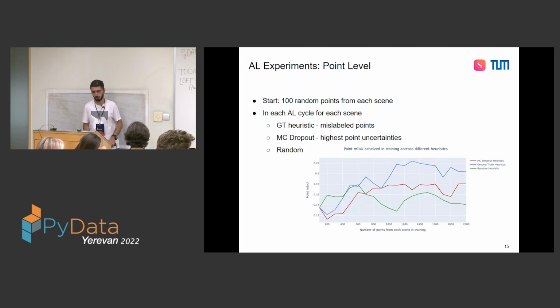With MC dropout, we select the 100 points with the highest point uncertainties, and then randomly for the random baseline. In this graph, again, after some number of points, we see the outperformance of the MC dropout heuristic, but it's much messier because the number of points that the model uses during training is pretty low. We have 100 points from each scene, and you can imagine there are, for example, 1,200 scenes in total in the dataset, so it doesn't see too many points during training.